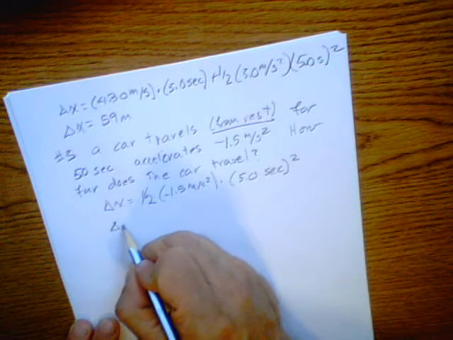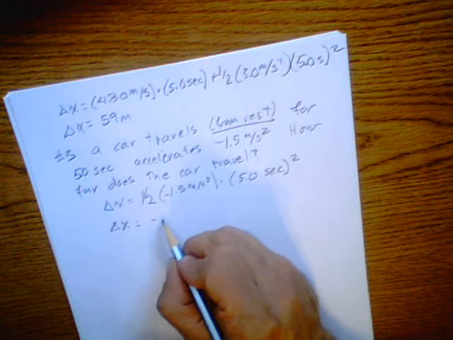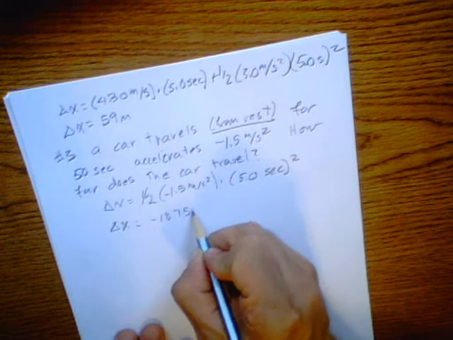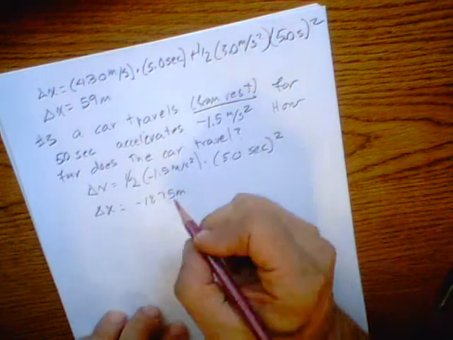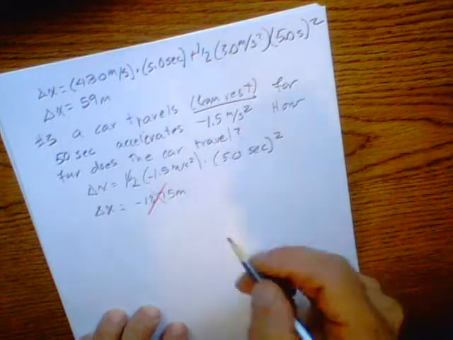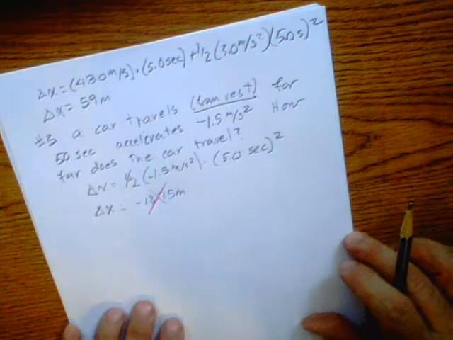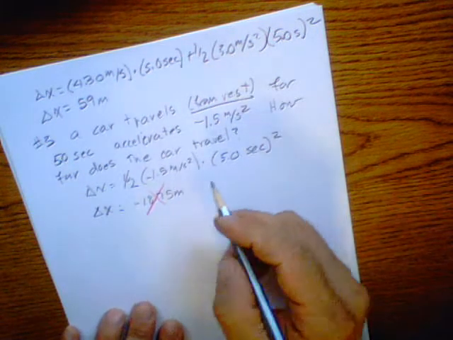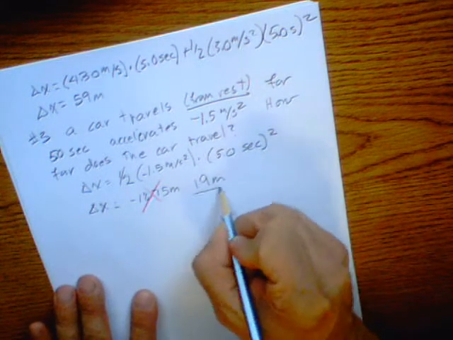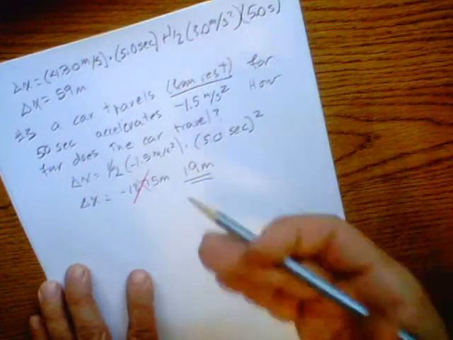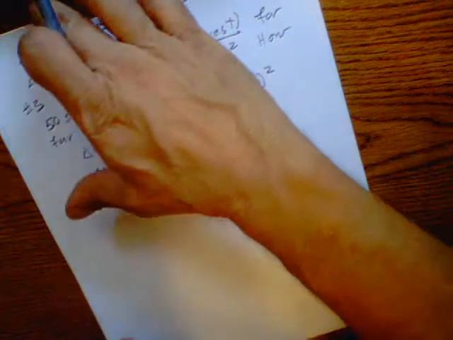So delta x, or displacement, you'll find in your calculator is negative 18.75 meters. That's what my calculator gave me. I can't put that down. That would be wrong. Far too many sig figs. Now, there's no indication that it's moving in a positive direction. We just know that the acceleration is negative. So we just know that it moved 19 meters is all we really know. If you put negative, I'd probably forgive you, but 19 meters is what it moved. Okay?